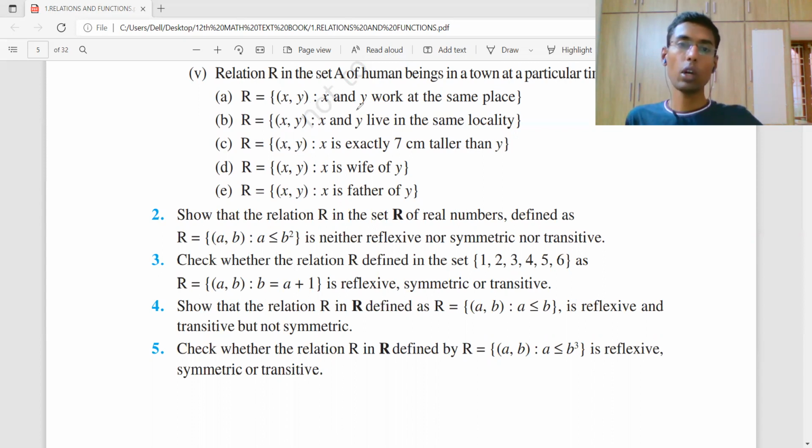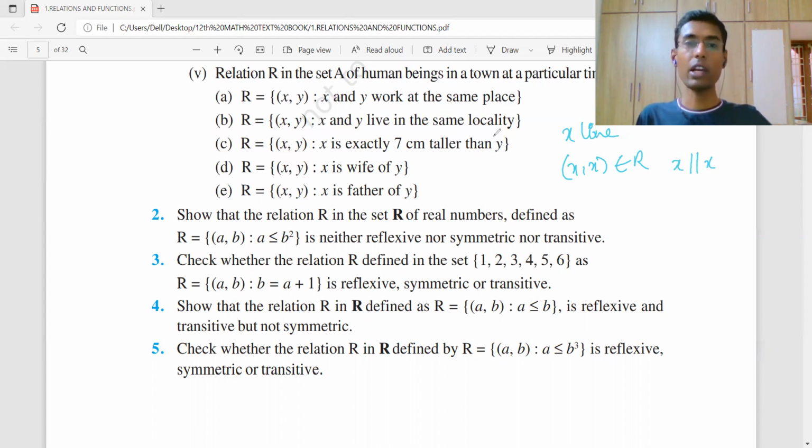But that isn't possible, since a human being is only one person. For example, if x is a set of lines, (x, x) belongs to R because every line is parallel to itself.